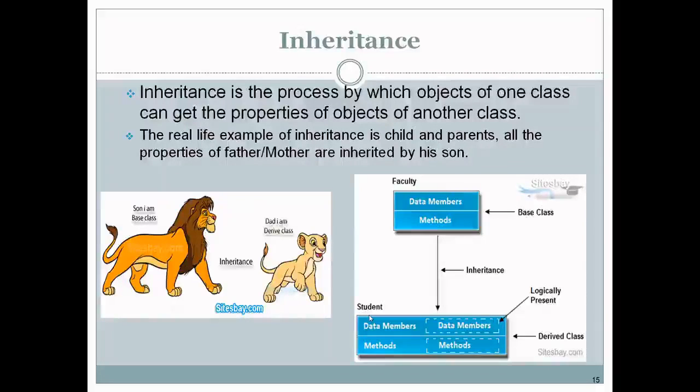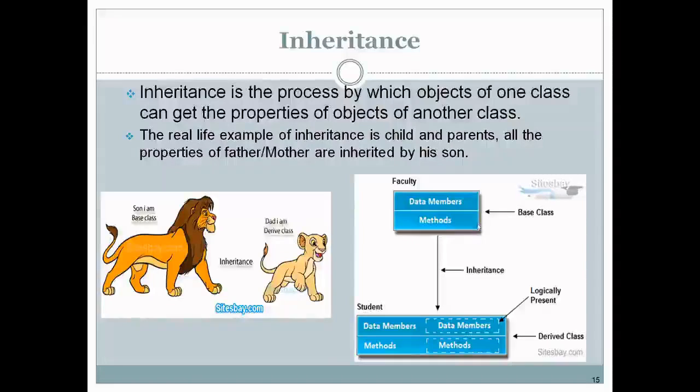So instead of redefining the properties which are already present in the faculty class, what we can do is inherit the properties from the faculty class into the student class. We can get the properties from faculty into the student, and that is called inheritance. It's acquiring, getting properties from another class.